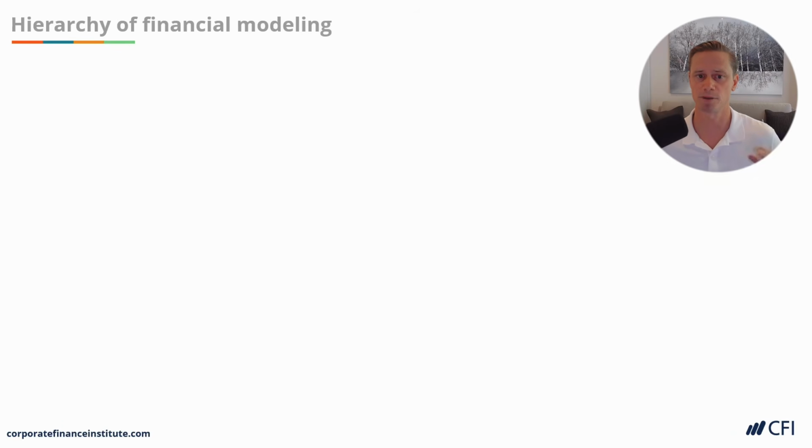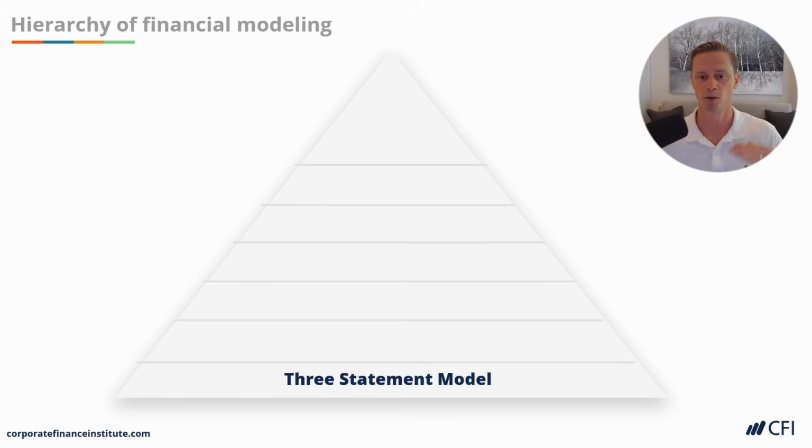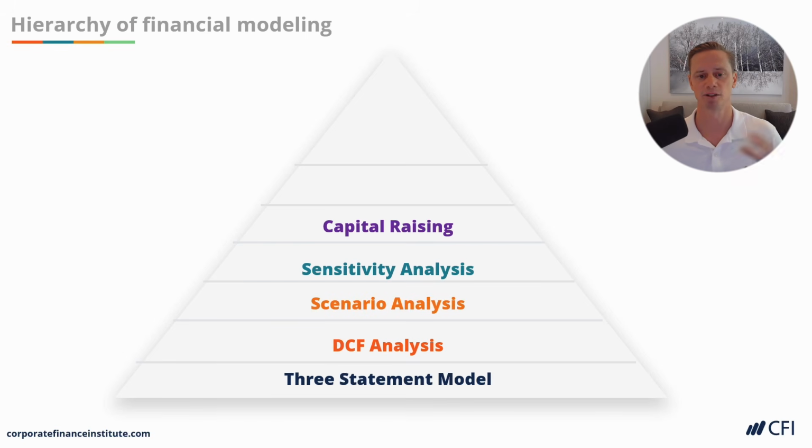Let's also discuss how 3-statement financial modeling fits in the overall hierarchy of financial modeling. 3-statement is the foundation, the bedrock, the simplest and most fundamental type of model that you need. Once you've built it, on top of it, you can layer on discounted cash flow analysis, scenario analysis, sensitivity analysis. You could look at scenarios like capital raising or changing the capital structure of a business.